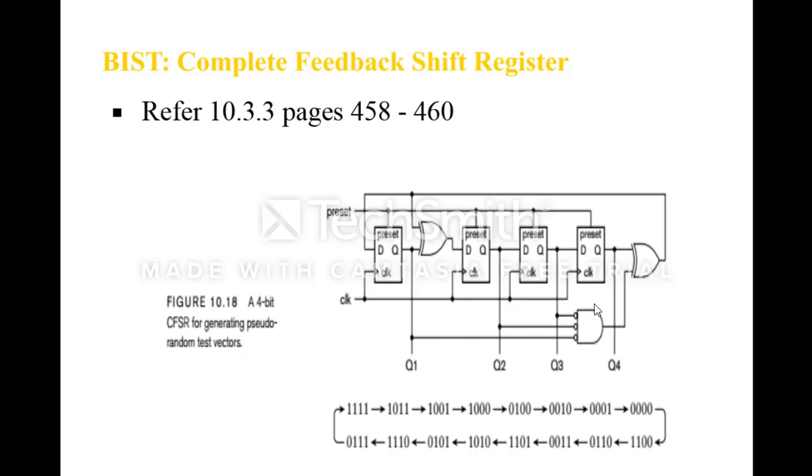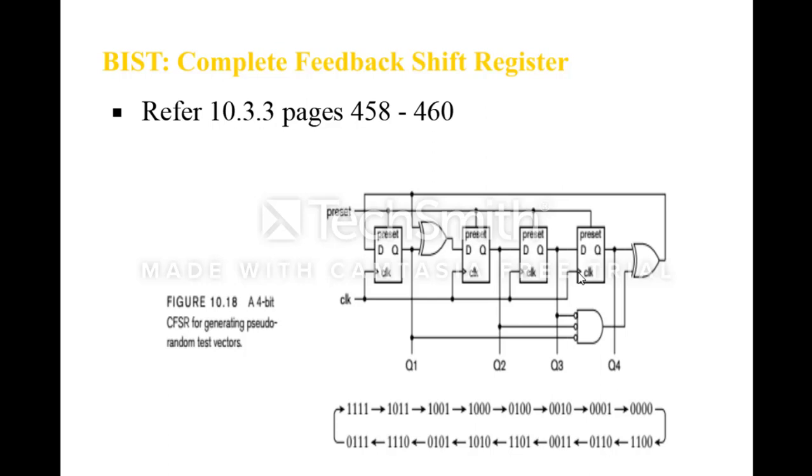For 4 inputs, all 16 combinations are available, which can be used for testing a circuit. Similarly, we can have 2-bit, 3-bit, 6-bit, 8-bit versions, and we can design a circuit with different combinations. We have implemented it with XOR; we can use different combinations as well.